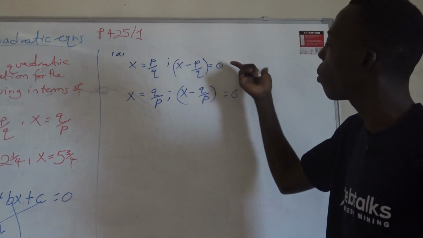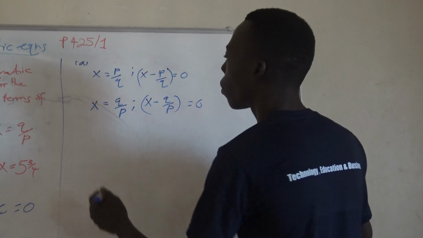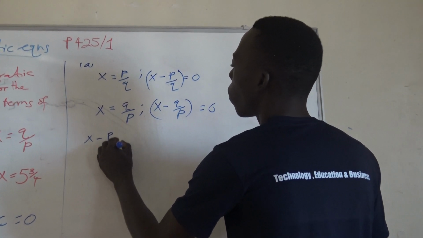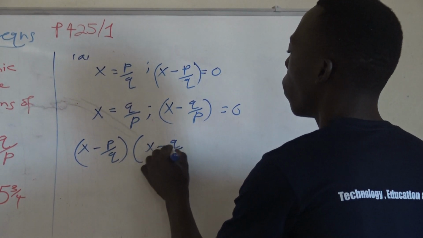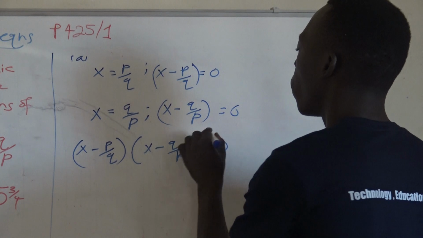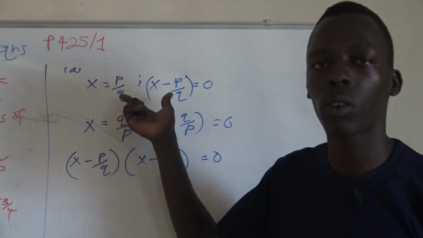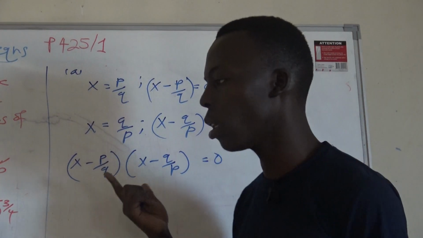Since everything equals 0, we can equate them to 0. So we multiply x minus p out of q times x minus q out of p, which will give us 0. This is a combination of this one and this one, which gives 0 by multiplying the 2.